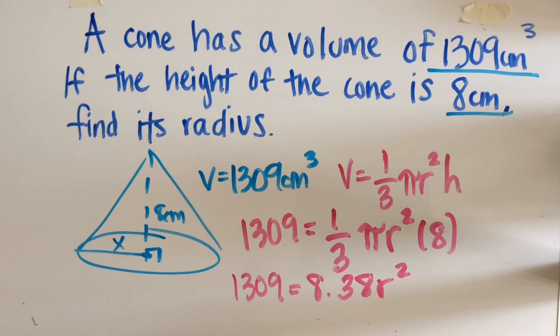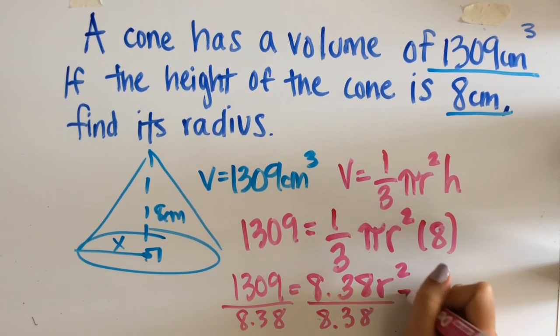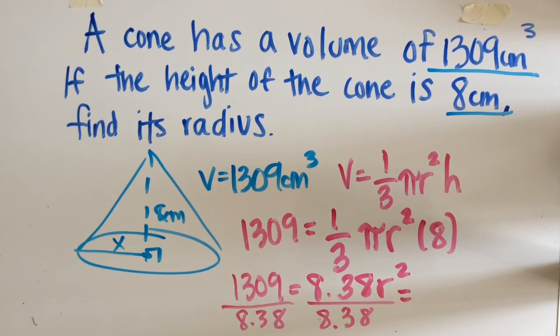So I'm just going to do the opposite of whatever's happening to r. First, I can get rid of this 8.38, and it's being multiplied to r, so I'm going to do the opposite. I'm going to divide by that. I'm just going to erase actually.